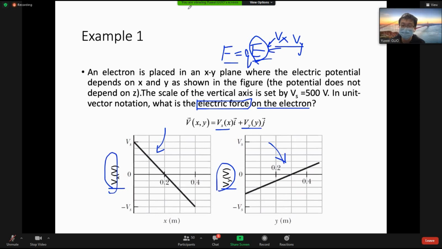Is that clear? Do you understand this problem, this question?